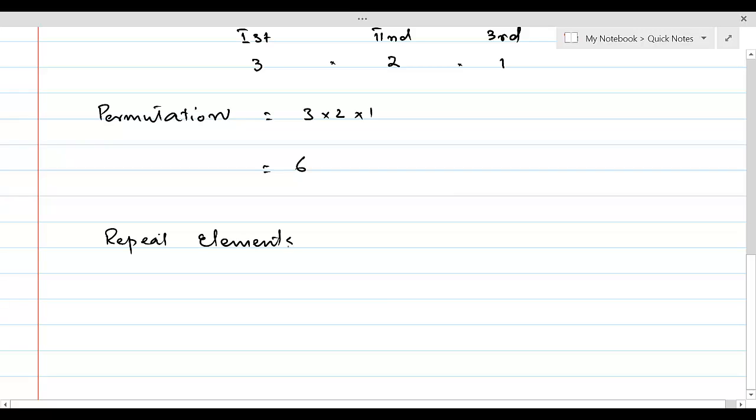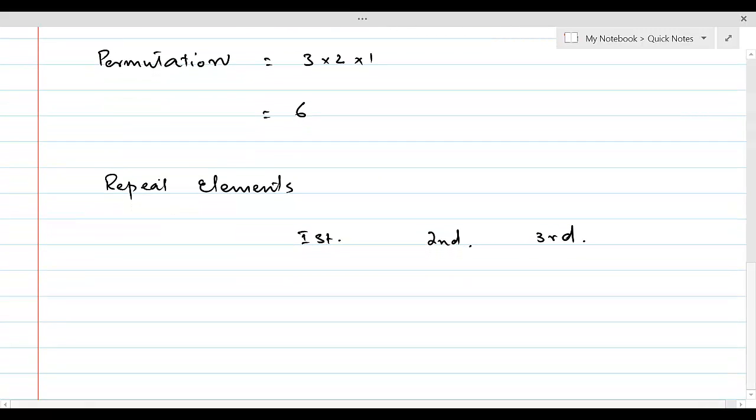If that is the case, then how many elements are available to fill up the first position, second position, and third position? This time, if the elements are repeated, the first position can be filled up with any of the three numbers, 1, 2, or 3. So obviously there are three different choices.